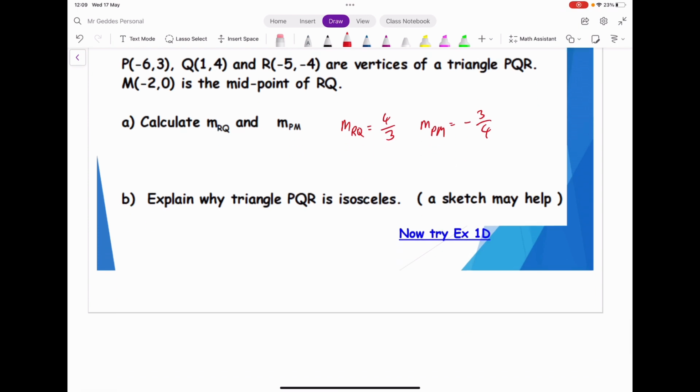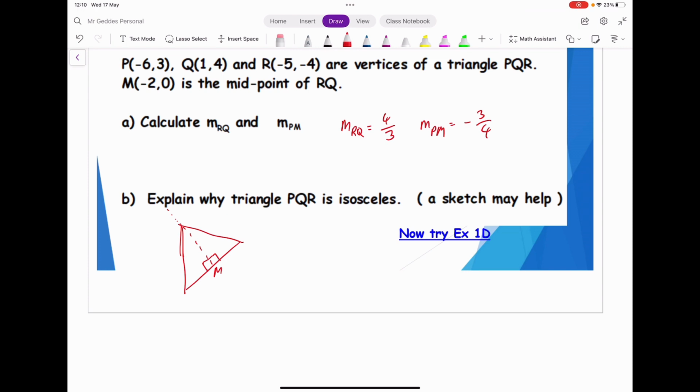Well, you've proven that you've got this situation going on. That's the midpoint. These are perpendicular to each other. Therefore, the triangle has to be isosceles because that's the midpoint. It's perpendicular. It doesn't matter where you put that point up there.